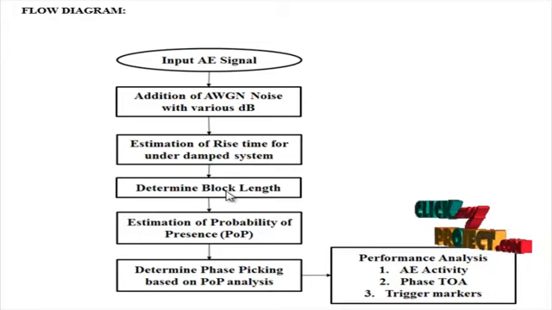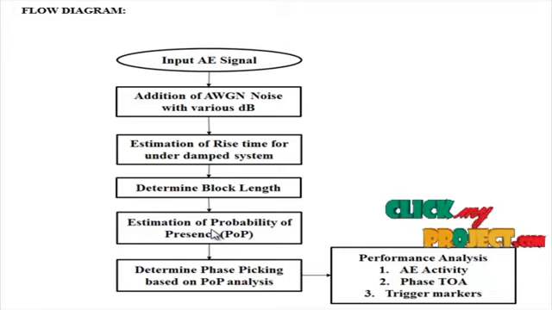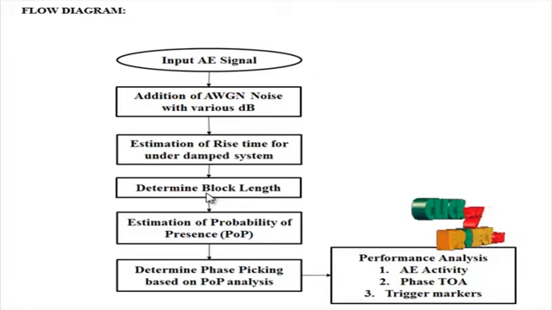Next, determine the neighboring block. So determine the block length, and the probability of presence is estimated. The neighboring block method is applied to a group of successive coefficients, and the threshold is calculated within adjacent blocks of coefficients. The method resembles a sliding window that calculates a threshold value within a neighborhood and applies this threshold to a central block of these neighborhood coefficients.